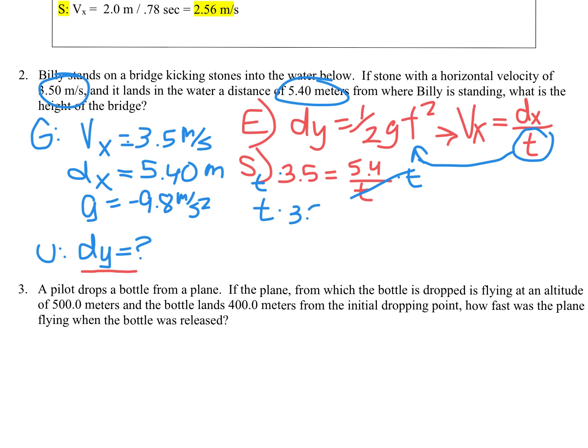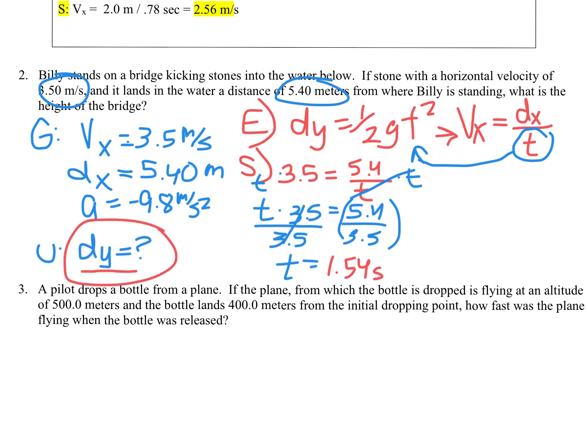Time times 3.5 equals 5.4. To get time by itself, we're going to divide both sides by 3.5. And our time ends up being 5.4 divided by 3.5, which ends up being about 1.54 seconds.